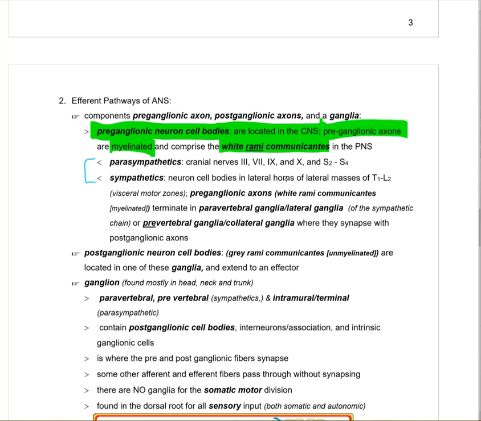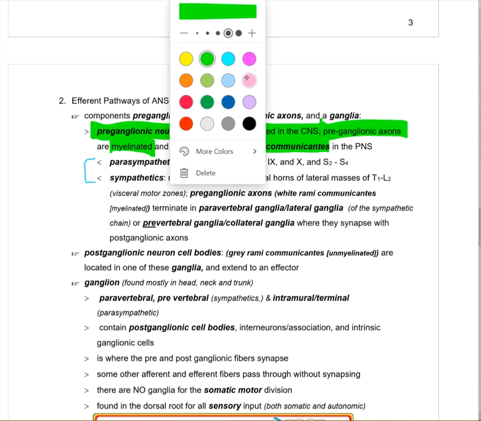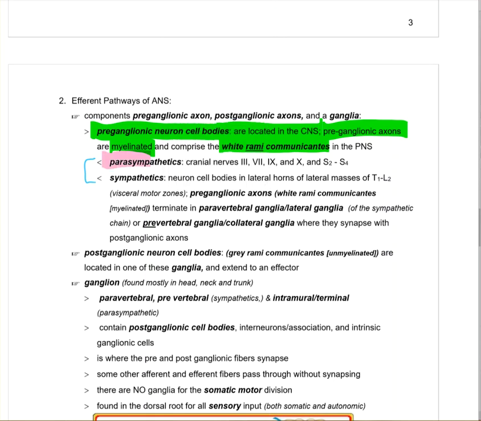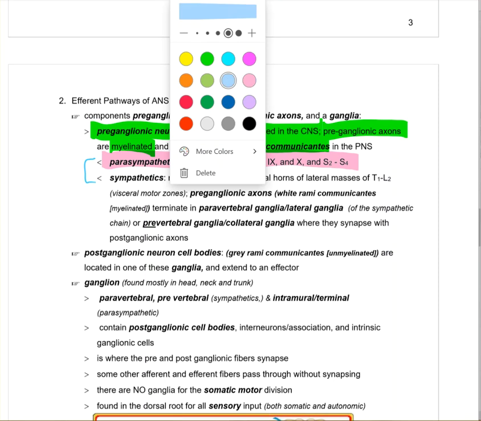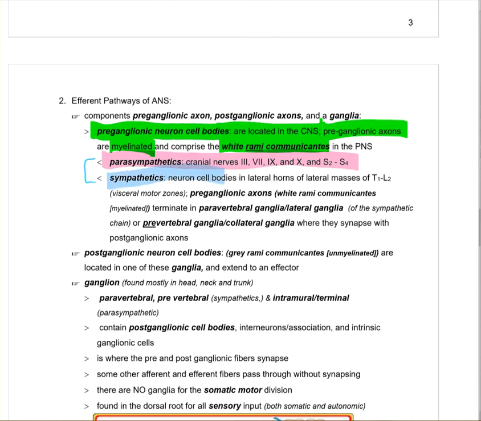And then sympathetics are in the middle part from thoracic 1 vertebrae down to about lumbar 2. Very different there. Let's use a different highlight to underline those. So parasympathetics are that, and then sympathetics do that.